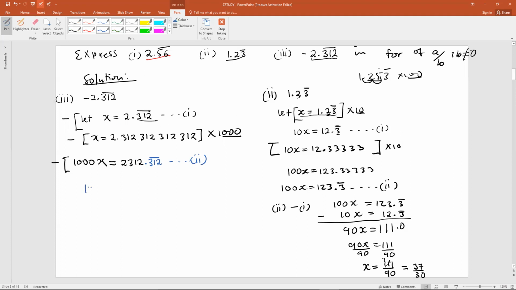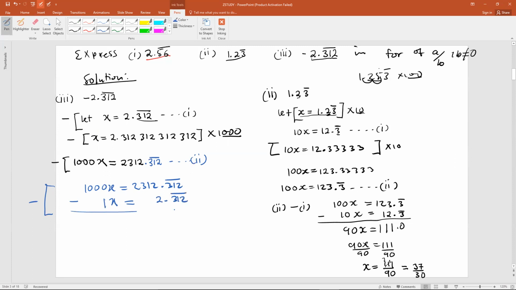So 1000x equals 2312.312 with a bar, minus x equals, remembering there is a 1 in front of x, 2.312 with a bar.